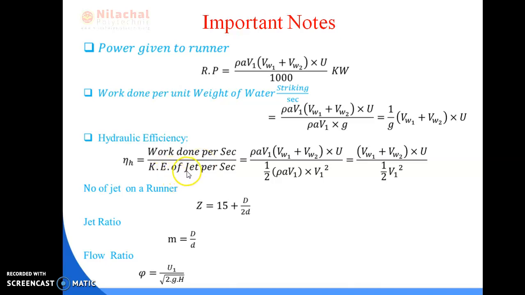Work done per second is rho a V1 (Vw1 plus Vw2) into U. Kinetic energy means mass of water striking per second into velocity squared, so it is rho a V1 into V1 squared, where rho a V1 cancels out. So that is (Vw1 plus Vw2) into U divided by 1 by 2 V1 squared. This is the hydraulic efficiency.